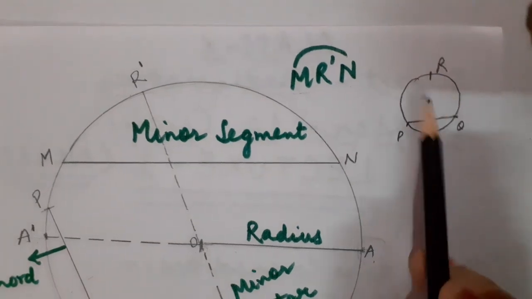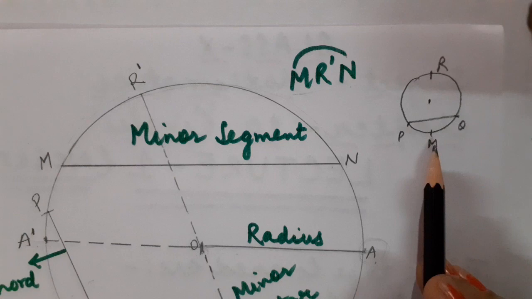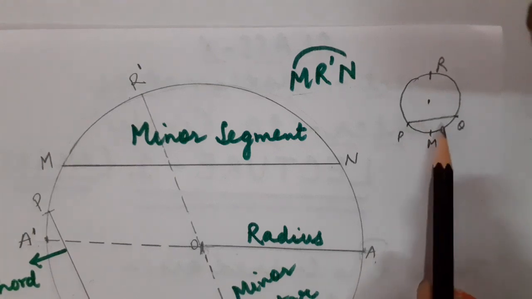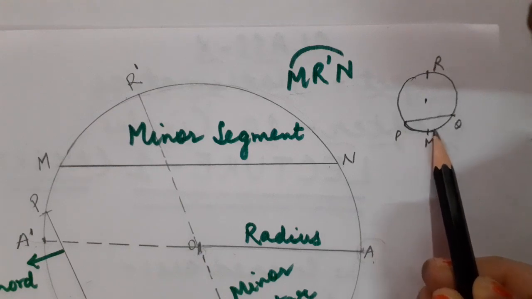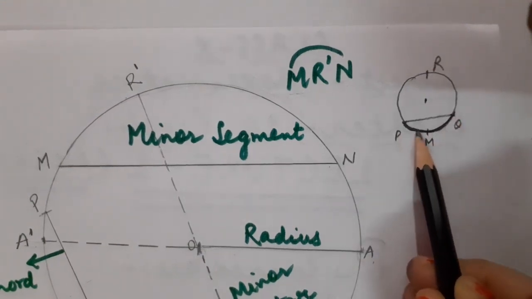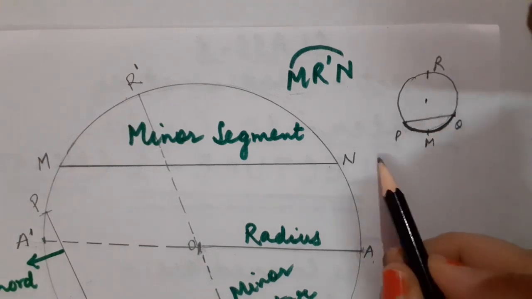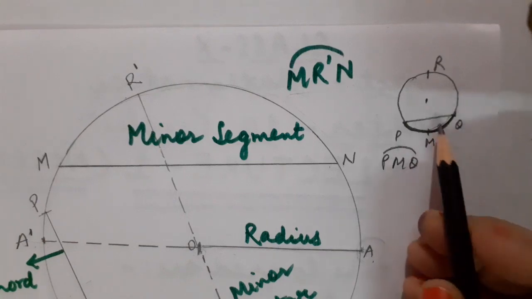draw one small circle for you and explain this particular point, that is minor arc and major arc. Children, here you can see this PMQ, this part. This is a continuous piece of a circle. So this PMQ is minor arc.